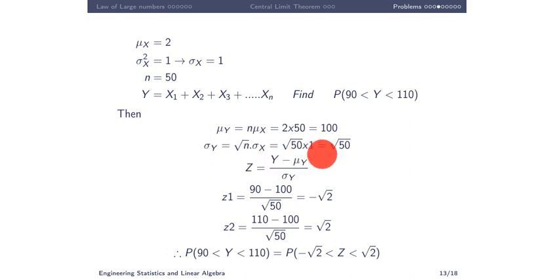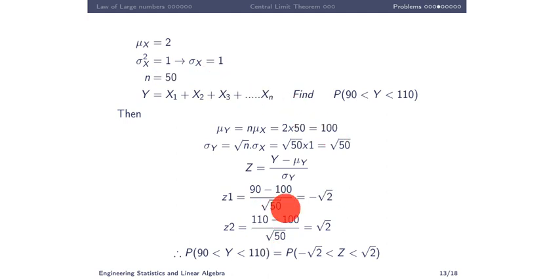Now we are modifying our variable y to z as (y minus mu y) by sigma y. This we know: in the normal distribution, as n increases we can approximate to a normal distribution, so I am approximating y to a normal distribution. So (y minus mu y) by sigma y will be the variable z. Now y1 was 90, so it becomes z1 with the value (90 minus mu y, that is 100) divided by sigma y, root 50, that will be minus root 2.